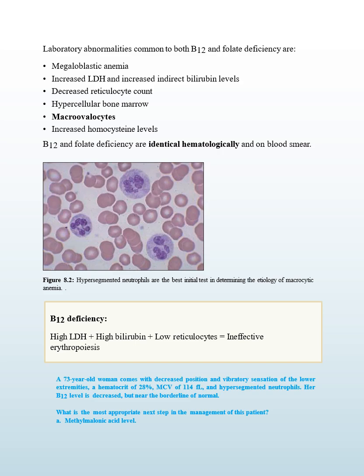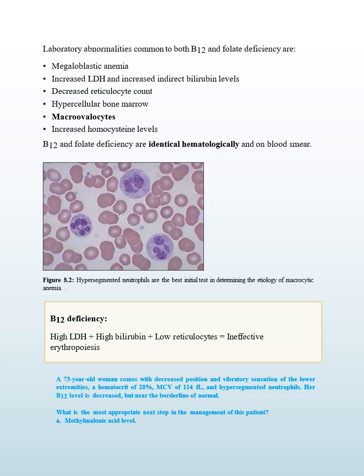Which include number one, megaloblastic anemia, number two, increased LDH and increased indirect bilirubin. Also, we can see decreased reticulocyte count. Also, we can see hypercellular bone marrow.